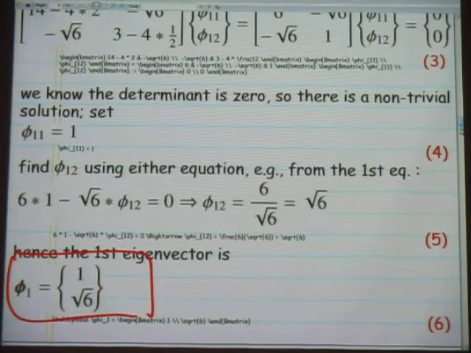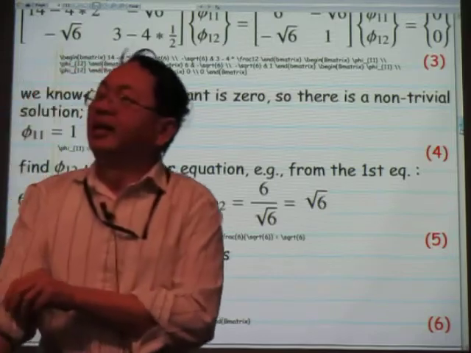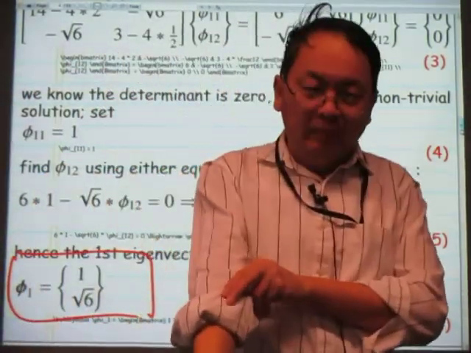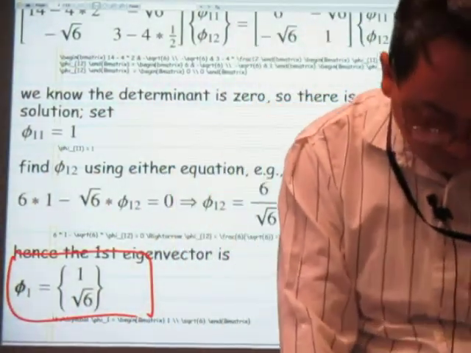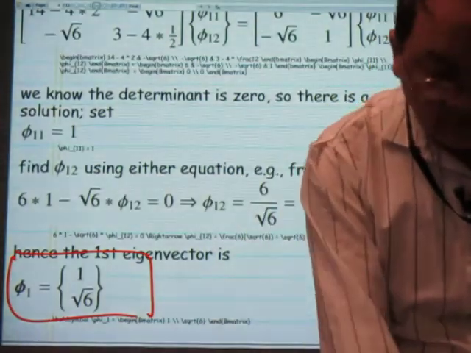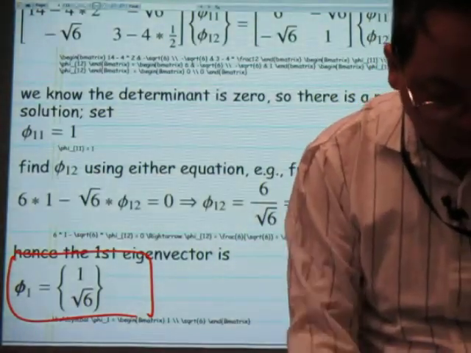Anyone else? Someone up front? It'll still be the same, because an eigenvector times a scalar is still the same eigenvector with the same eigenvalue.